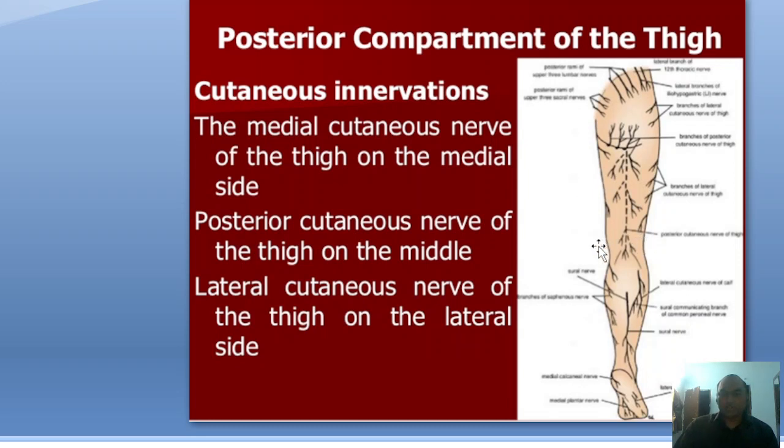The posterior cutaneous nerve of thigh supplies the middle aspect of the back of thigh, and the lateral side is supplied by the lateral cutaneous nerve of thigh. So these are the cutaneous nerves of the back of thigh.